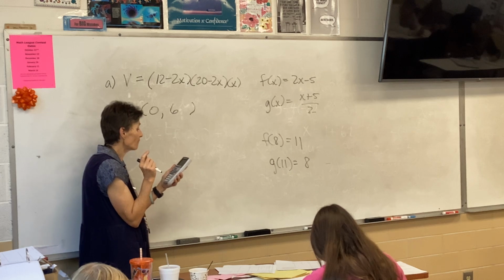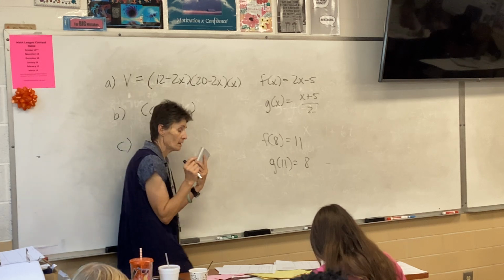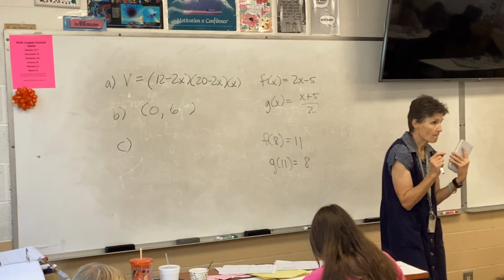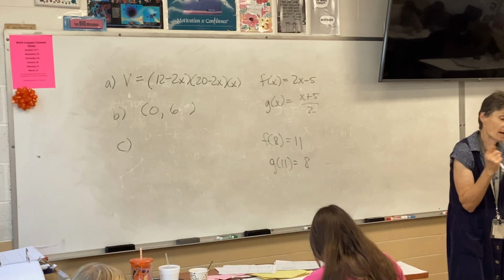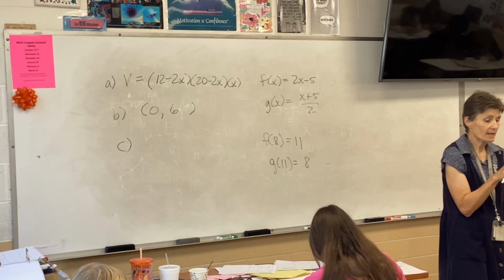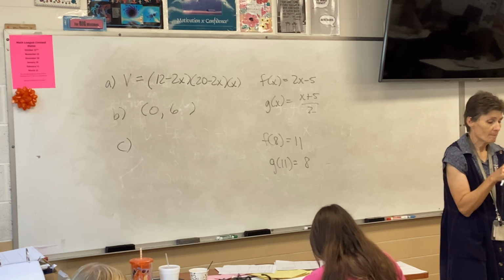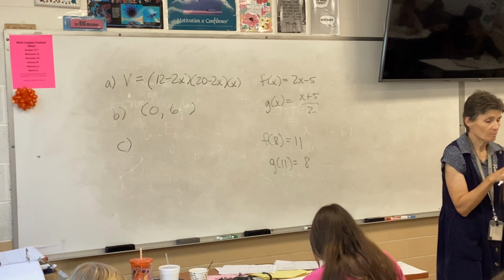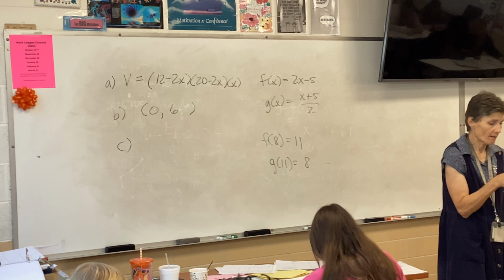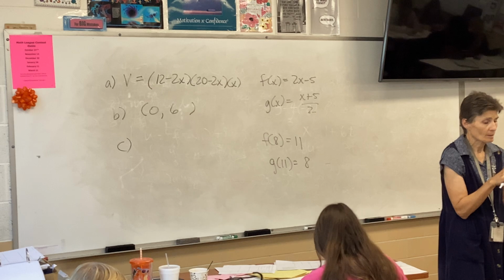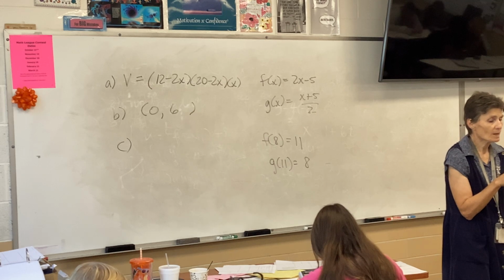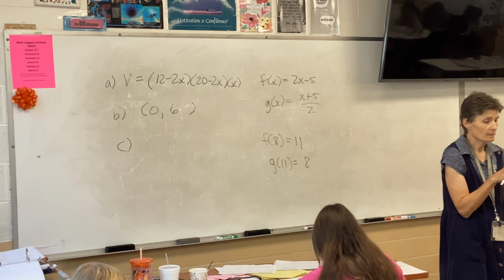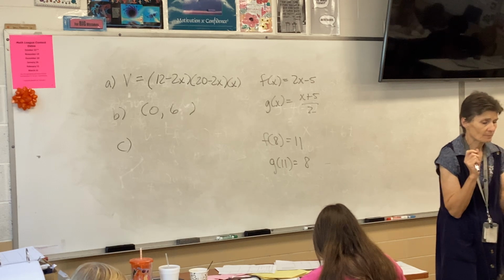And then I'm gonna hit graph and hope that I see what? What do I want to see when I hit graph? A hill? I do. So I'm gonna do second calc maximum. And then I'm gonna move my cursor over to the left, over to the right, in the middle.